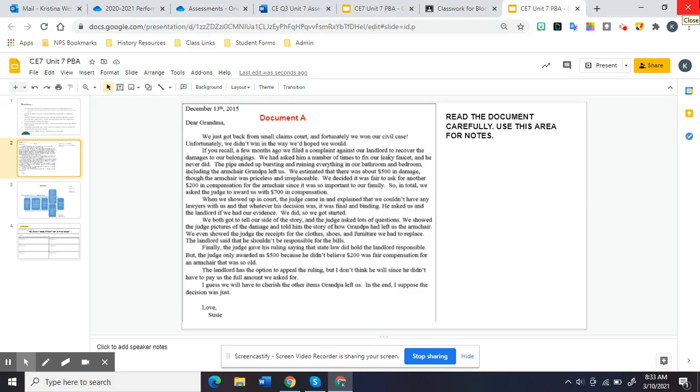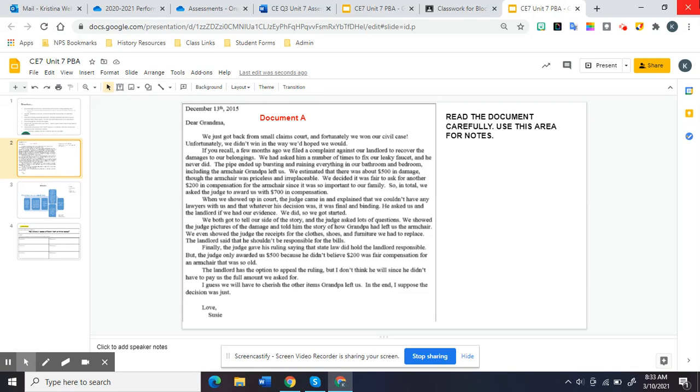The pipe ended up bursting and ruining everything in our bathroom and bedroom, including the armchair Grandpa left us. We estimated that there was about $500 in damage, though the armchair was priceless and irreplaceable. We decided it was fair to ask for another $200 in compensation for the armchair since it was so important to our family. So in total, we asked the judge to award us with $700 in compensation.